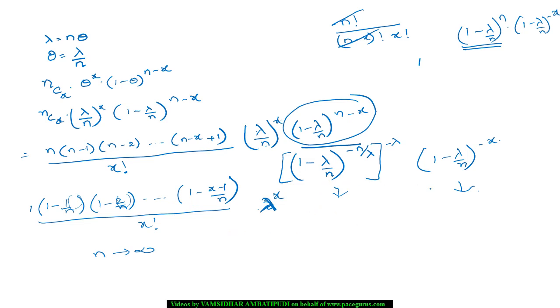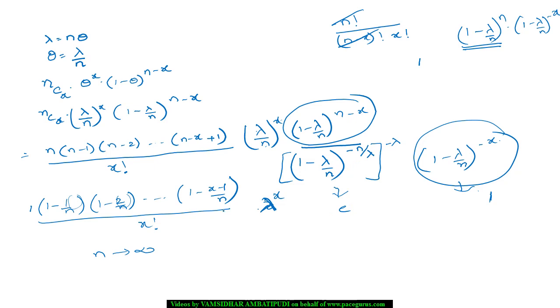1 minus lambda by n to the power minus x also becomes 1. Then 1 minus lambda by n to the power minus n by lambda is nothing but e.